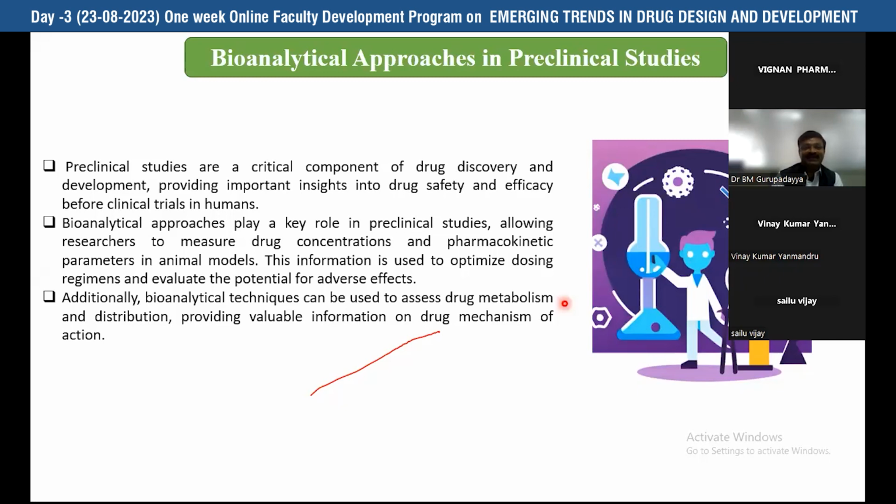Preclinical studies are a critical component of drug discovery and development, providing important insight into drug safety and efficacy before it is taken for clinical trials in humans. Bioanalytical approaches play a key role in these studies, allowing researchers to measure the drug concentration, especially by using pharmacokinetic parameters in the animal model. This information is used to optimize the dosing regimen and evaluate potential adverse effects.